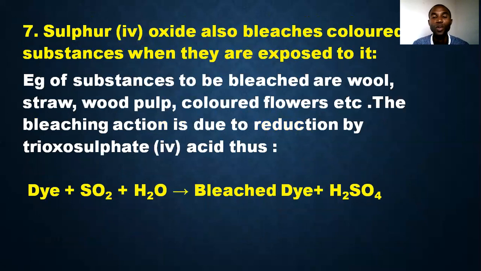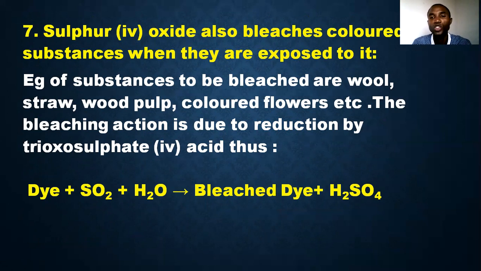The next chemical reaction is that sulfur IV oxide also acts as a bleaching agent. It bleaches colored substances when they are exposed to it. That means it has a bleaching effect.